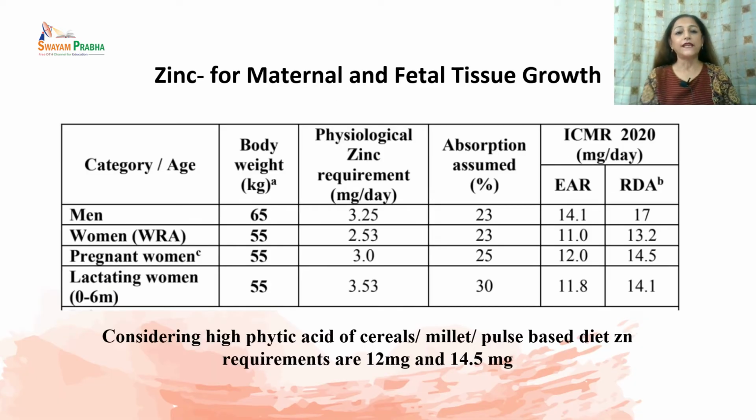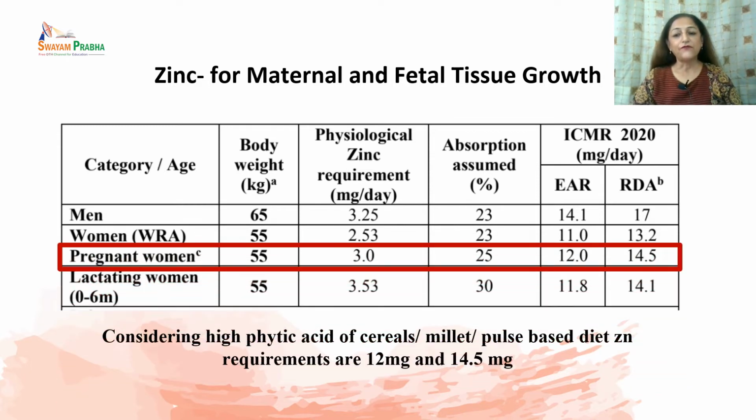So the requirement for maternal and fetal tissue growth we have just seen has been set at 12 milligrams daily as an EAR and 14.5 milligrams per day as an RDA. These values have been suggested based on the high phytic acid content of the diet which we Indians are consuming, that is rich in cereals, millets and pulses.